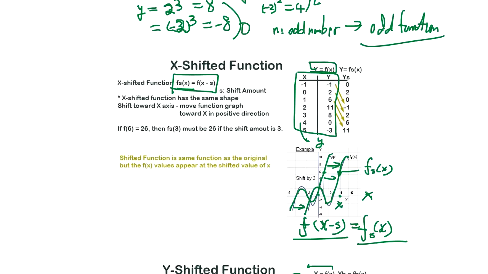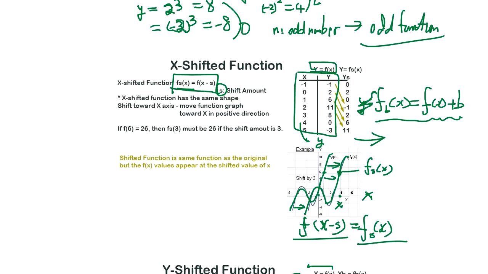The x shifted function is going to be f(x minus s). If you deduct the shift amount s from x, it's going to be shifted by s toward the positive direction. Okay, so you have to be careful. Remember the y shifted function was f plus b, right?